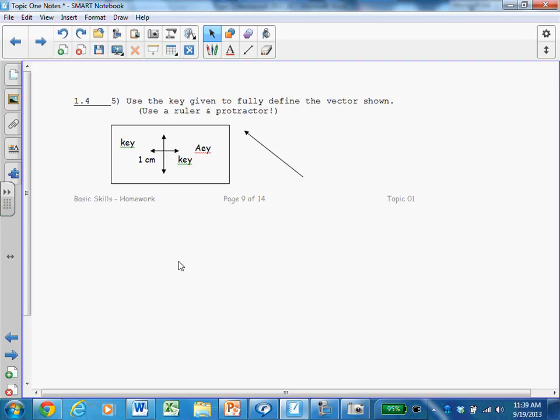But when you look at that one, you would ask yourself, what does this mean? 1 centimeter key. It's a little hard to understand. So something got messed up in it, right? Use a ruler and protractor for this. But we need the right scale.